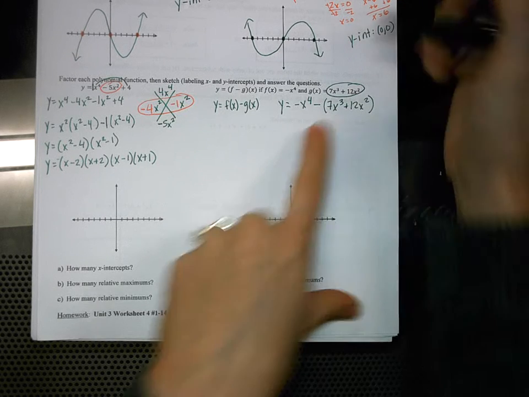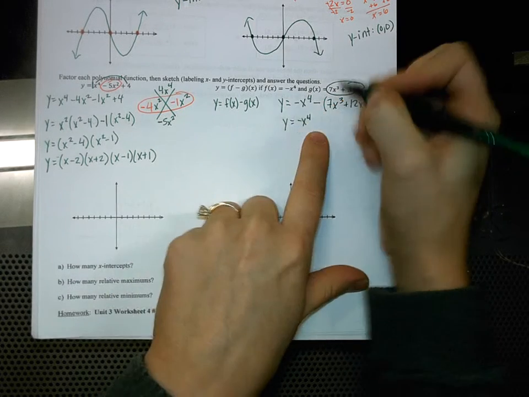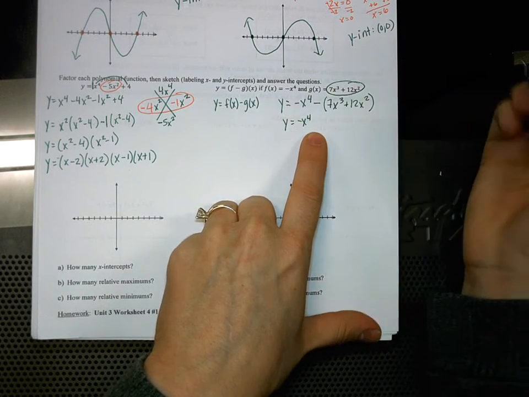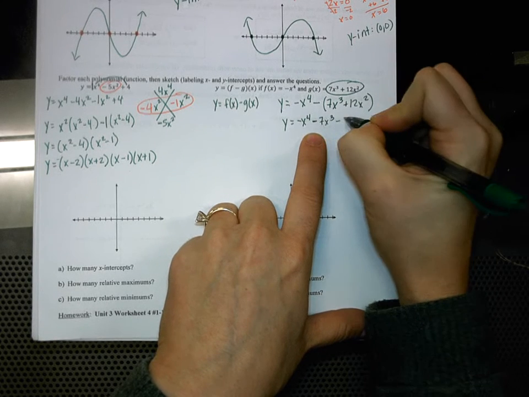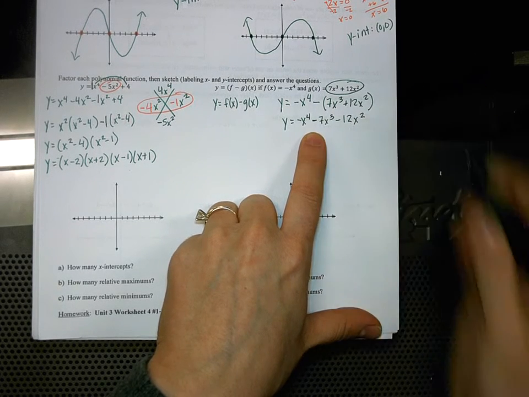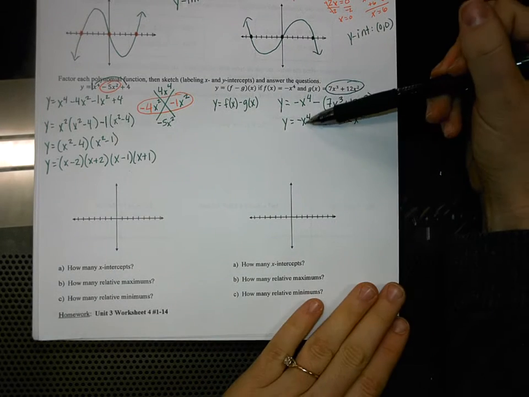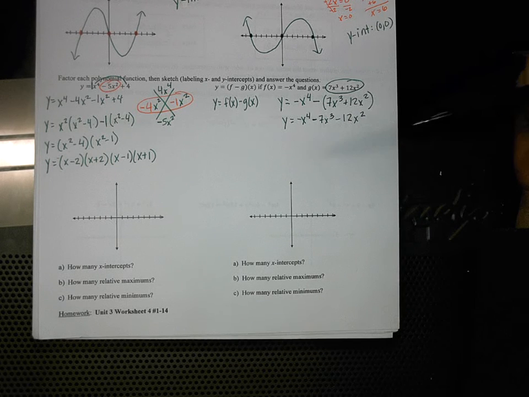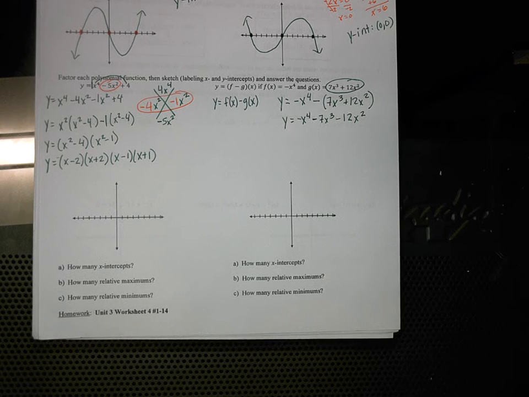So negative x to the fourth stays the same because it's in front of the subtraction sign. Then I can distribute the subtraction, or the negative, to every other term. So I get negative x to the fourth minus 7x to the third minus 12x squared. Make sure you have a minus 12x squared. Now we can factor out what?